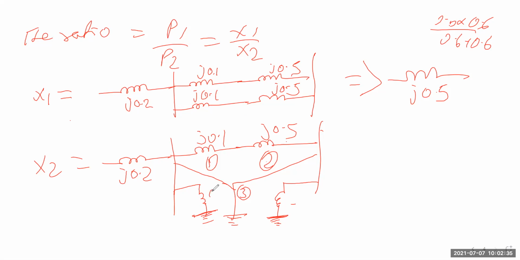So it will be your 0.35 and this will be 0.25. On solving this particular thing, you will be getting the values. So you have to find the one value, two value, and three value.